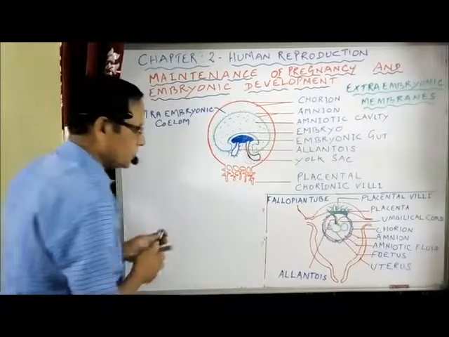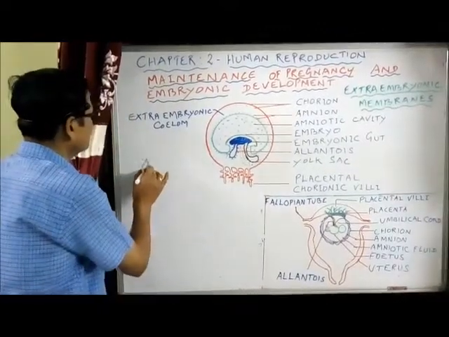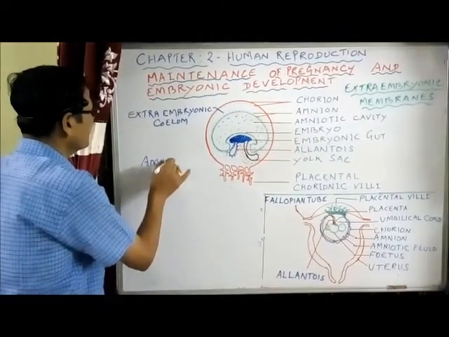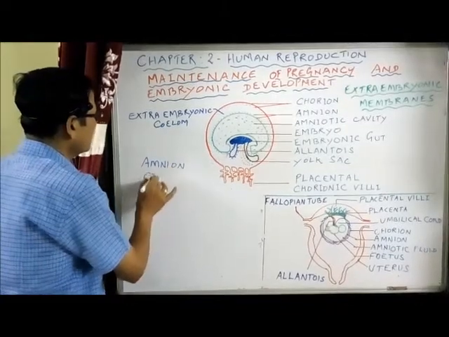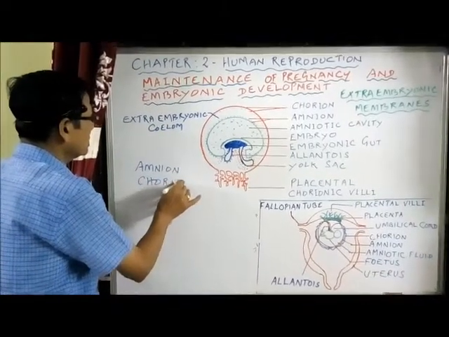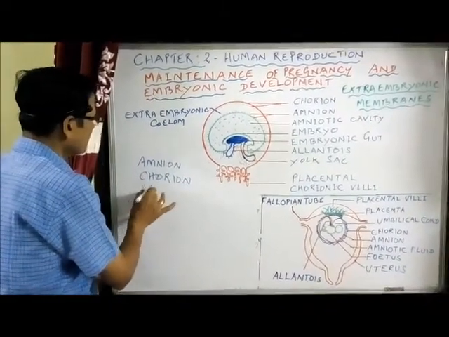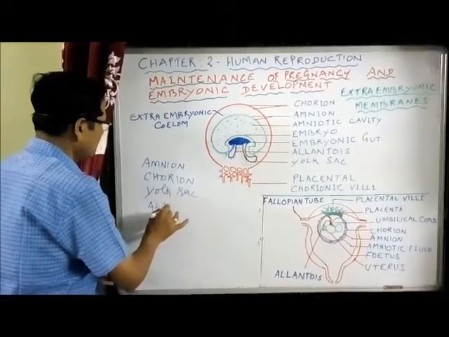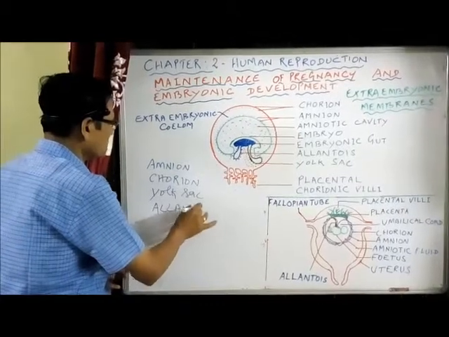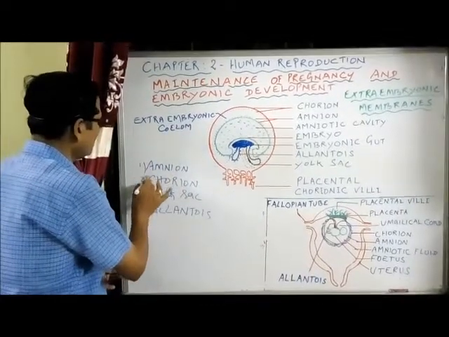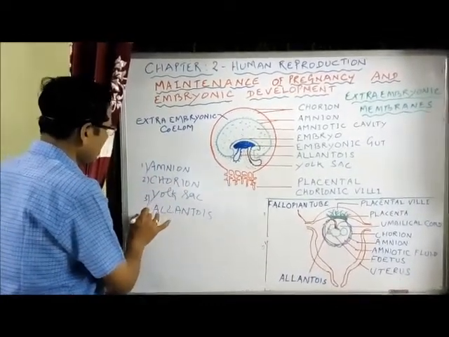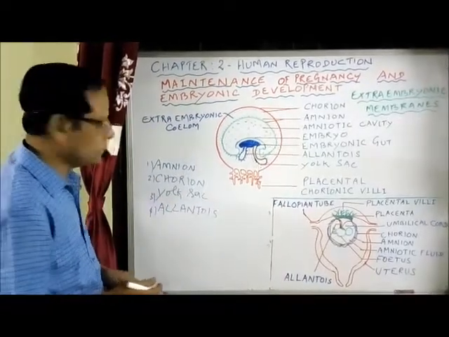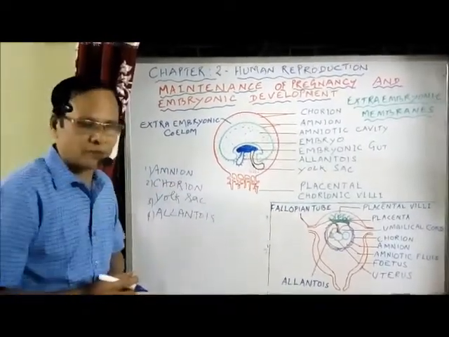They are called amnion, chorion, yolk sac, then allantois. These membranes are present outside the embryo, hence the name extra-embryonic membranes.